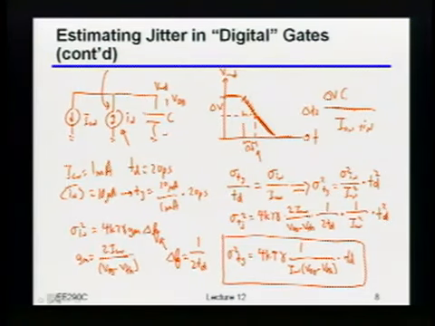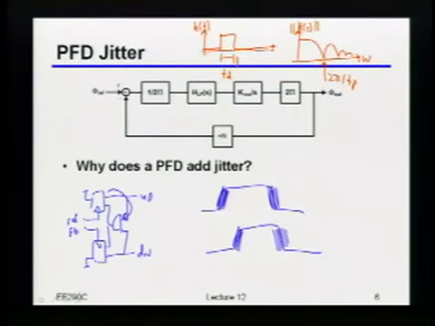So if I don't care what it is afterwards, then I should just be integrating it during that delay time, right? And that's where I get this box filter, because you can think of that as taking a white noise current source and passing it through this box filter transfer function.